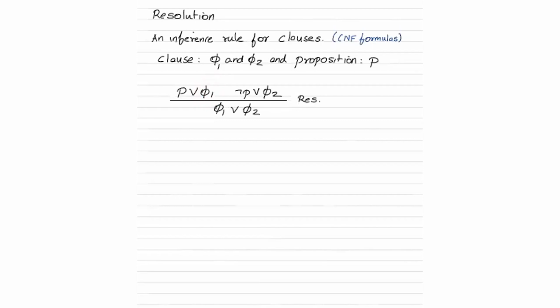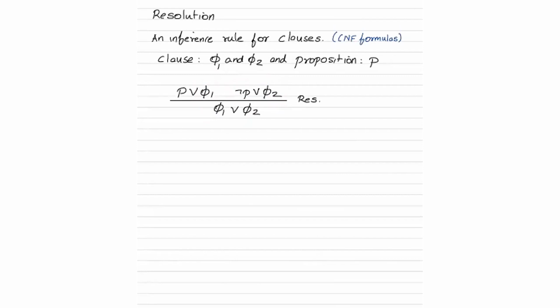Now look at the second formula, and suppose that P does hold. Since this is again a disjunction, if P holds, then for this formula to hold, phi2 has to hold. So irrespective of the status of P, we can conclude that phi1 or phi2 holds. That's basically what this resolution rule says.